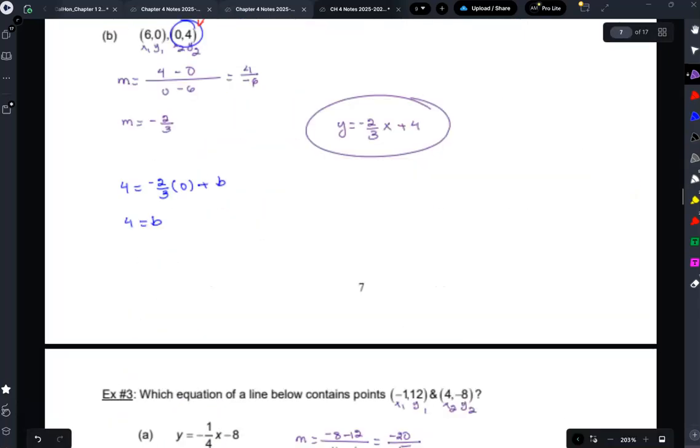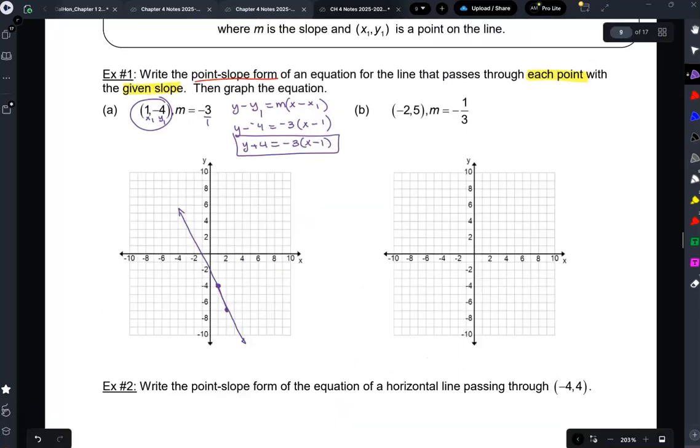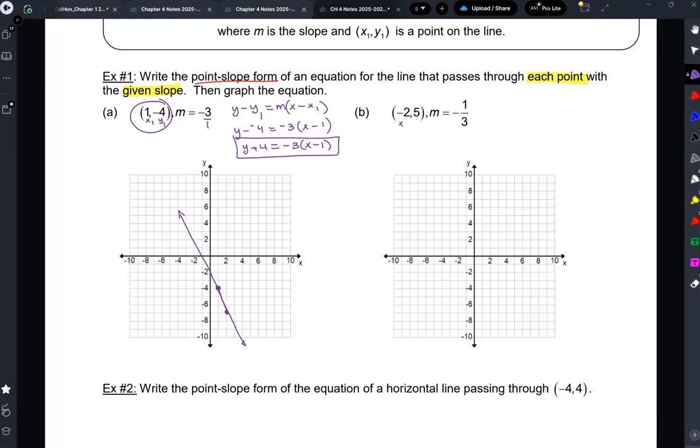Okay, let's do another one. This one I label x1, y1. y minus y1 equals m(x minus x1). You know what? I like to keep writing it because it also helps me memorize. Okay? So now, y minus 5 is equal to m, negative 1/3.